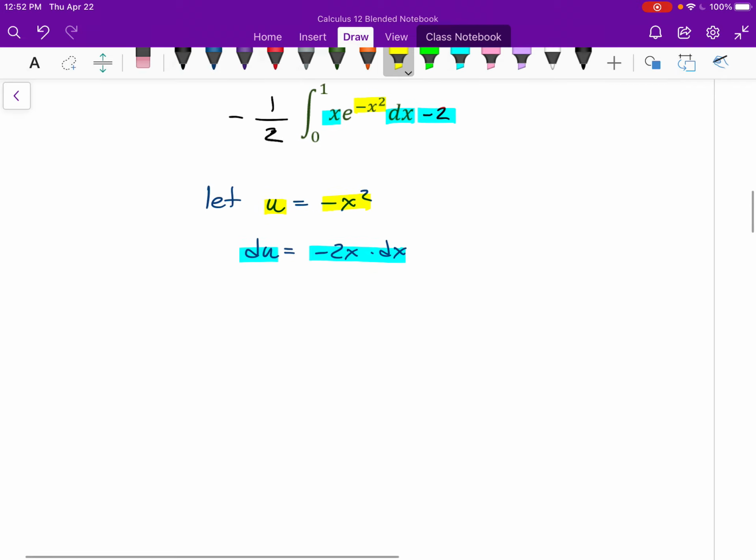And so now I can think about my indefinite integral with a negative 1/2 in the front. And so I have e to the power of u times du. That's quite nice, because the antiderivative of e to the power of u is e to the power of u.